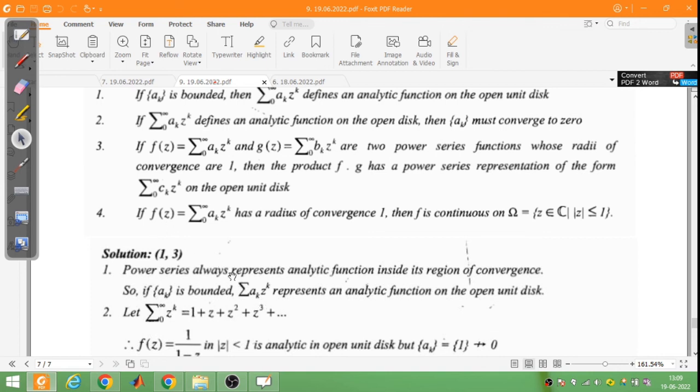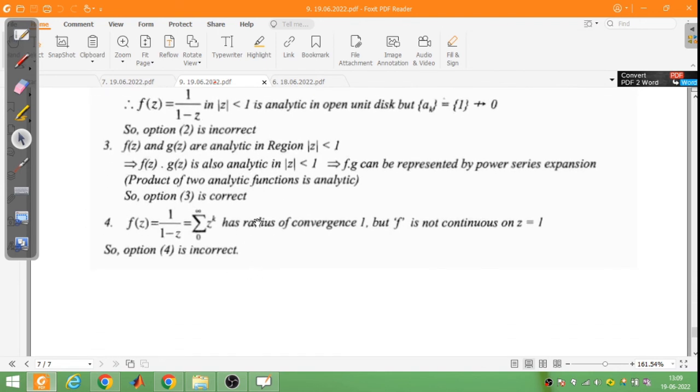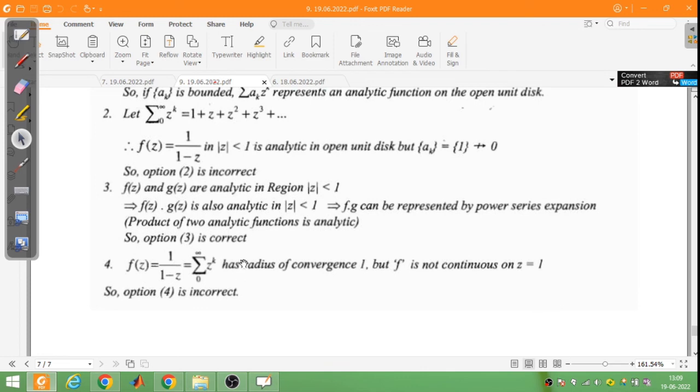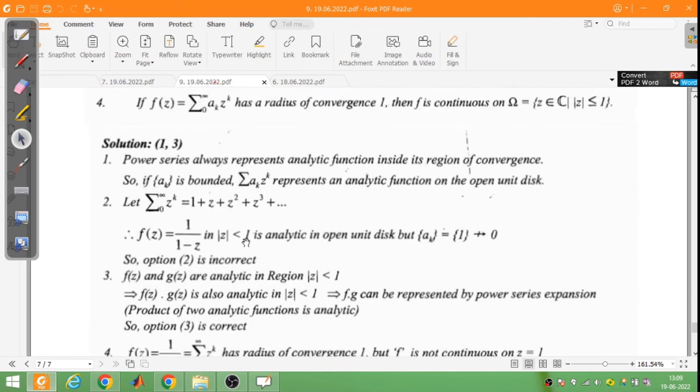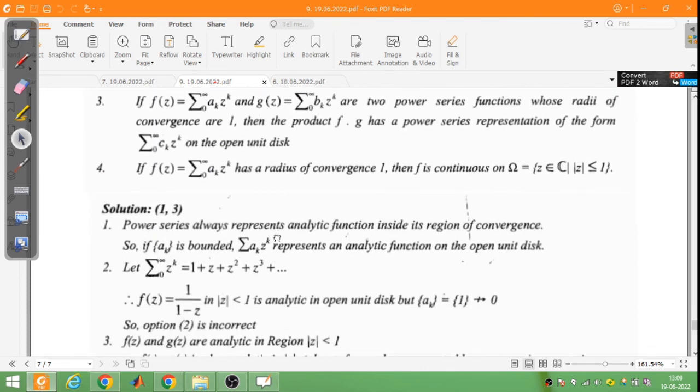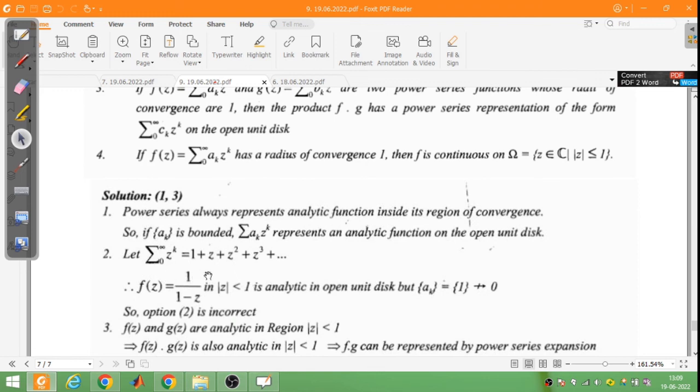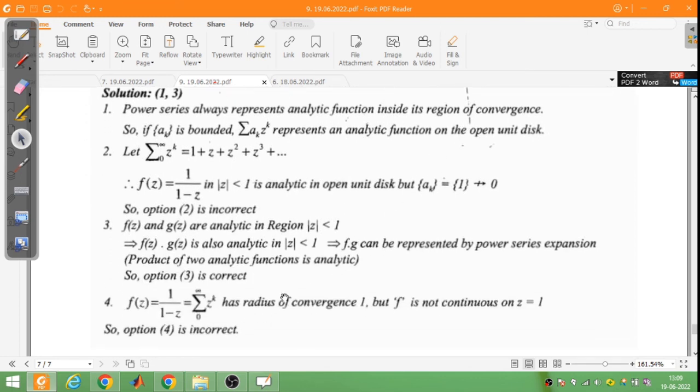Here I explained a somewhat different type of example, which you have to check. Here we take f of z equal to the summation from n equal to 0 to infinity of a_k z^k with radius of convergence 1. Then is f continuous on this domain or not? Now we take one analytic function, f of z equal to 1 over 1 minus z, whose radius of convergence is 1, as already defined in the last example.